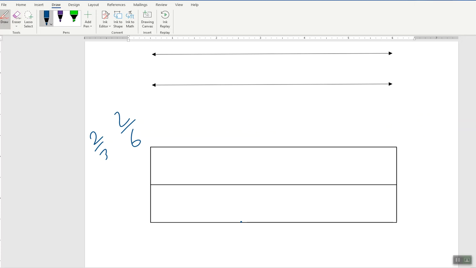All right, so I cheated. I used my computer and copy and pasted so I knew we would have two the same length. Okay, so let's do 2/3 on the top. Now, I know that my drawing is not going to be perfect, but I want to get it as even as I think I can. Then let's do 2/6. So I'm going to draw a line in the middle, and then divide this one up, and divide this one up. I have some lines that line up here. So let's put 2/3.